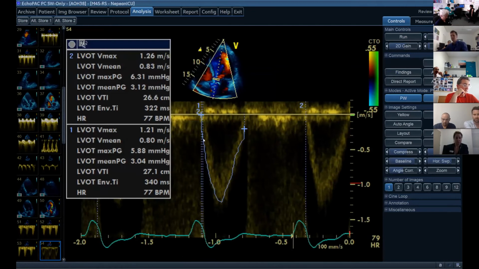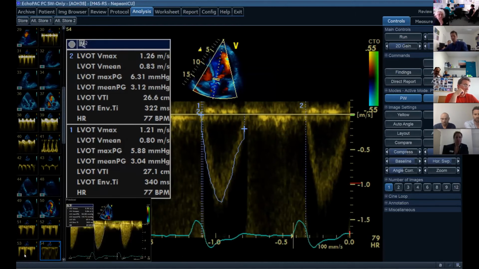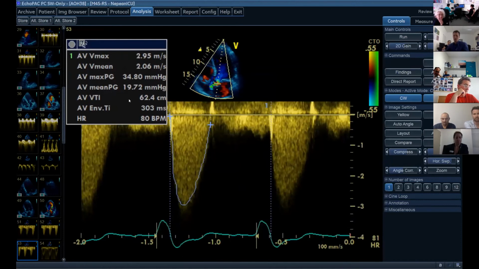Ideally you take 3 and take the average of them, but let's just say 26.6. Then I've got an aortic valve VTI of 62.4. So my question for the group is, tell me what the aortic valve area is and how you got it. Let's give everyone a bit of time to figure that out.